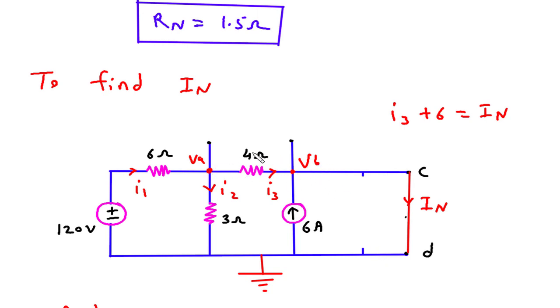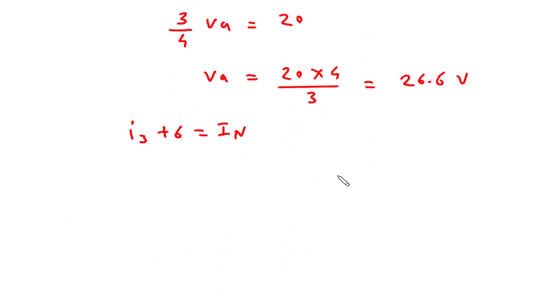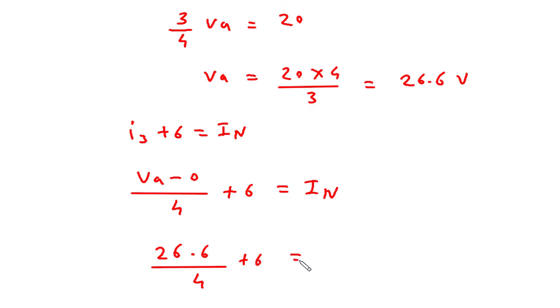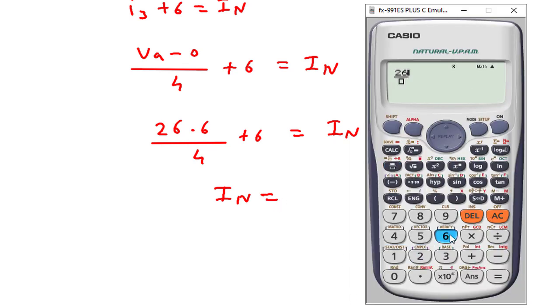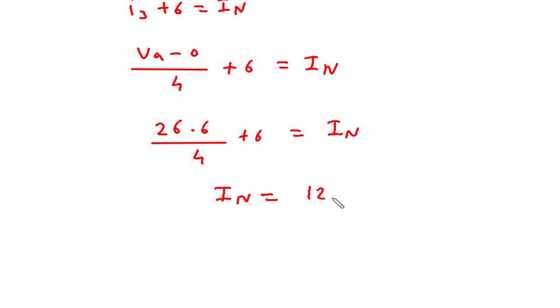So VA by 4 plus 6 is equal to IN. And VA is 26.6, so IN is equal to 26.6 divided by 4 plus 6. So it is 12.65 ampere, which is the value of IN.